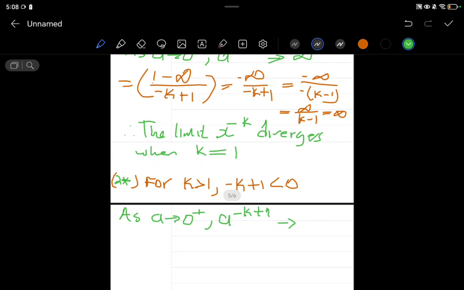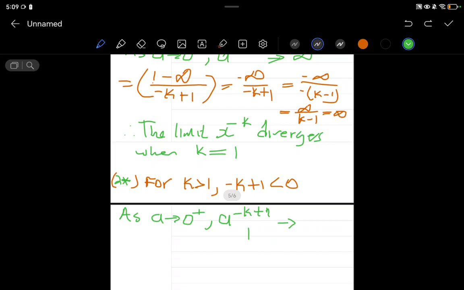You know that if minus k plus 1 is negative, this a will always remain with that negative exponent. So when we plug in 0 here, what will it approach? Infinite. It will always approach infinite.